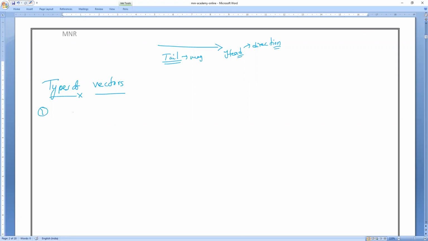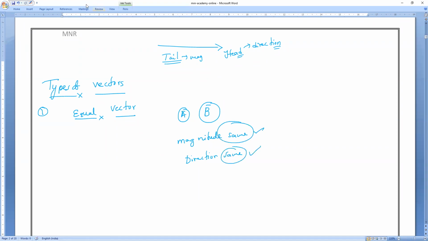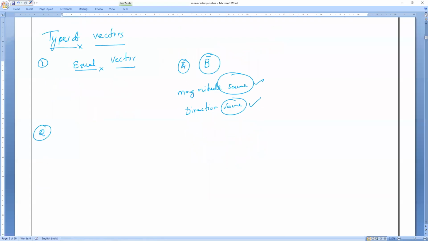If any two given vectors have the same magnitude as well as the same direction, let me take one vector A and another vector B. If both magnitude and direction are the same, then we call them equal vectors. Understand everybody? Any doubt in this?